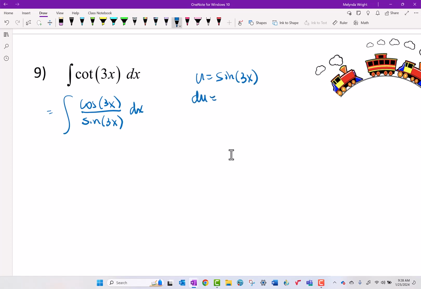du, derivative of sine, well, we have to chain it, would be 3 cosine 3x dx. Do I have a random 3 anywhere in that integrand? No, I'm going to have to move it over. 1/3 du equals cosine 3x dx. Now I'm going to do the highlighting so that makes it clearer. So this was our u.